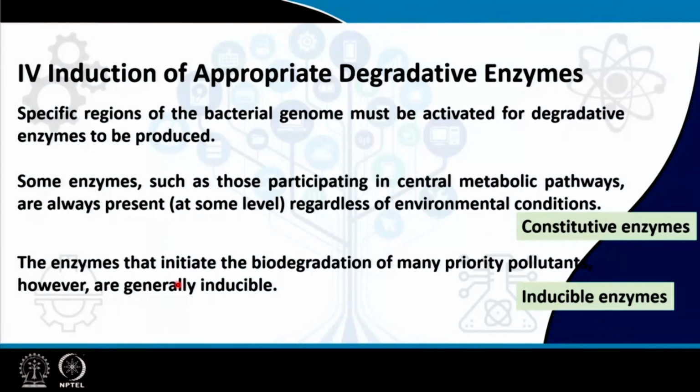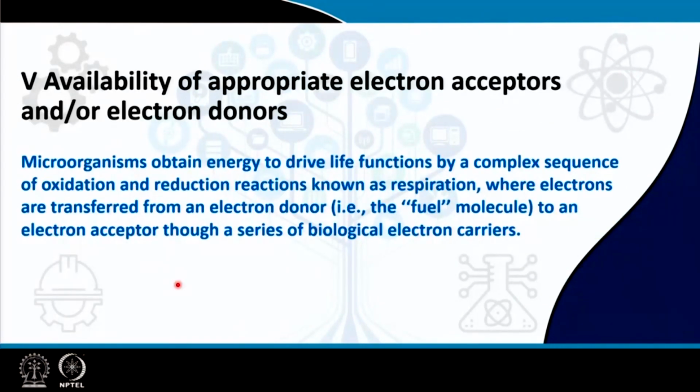For example, if you have ethanol along with these organic pollutants, you will see the ethanol is getting metabolized rather than the organic carbons, because the genes are not getting expressed because of some intrinsic repression posed by other repressor molecules.